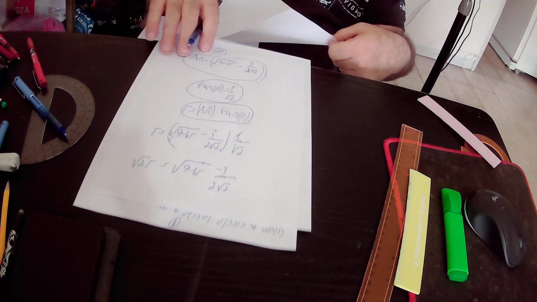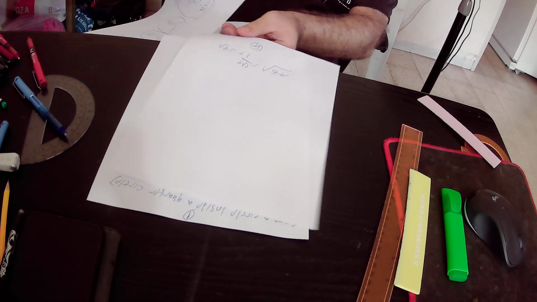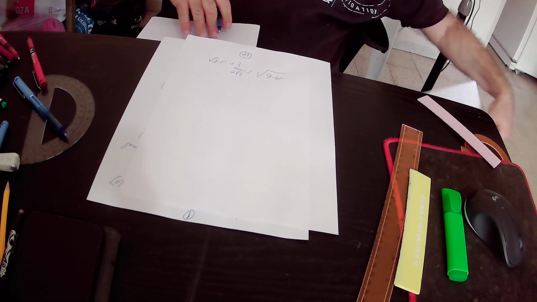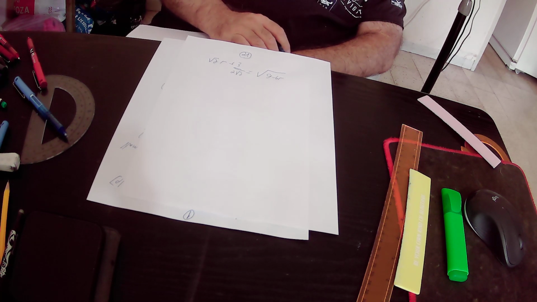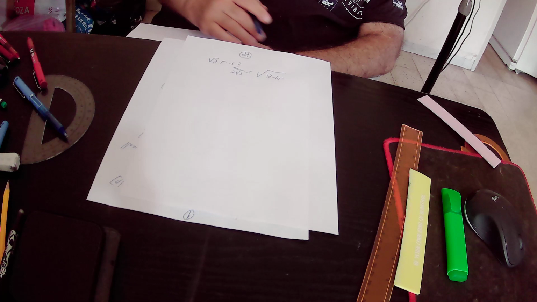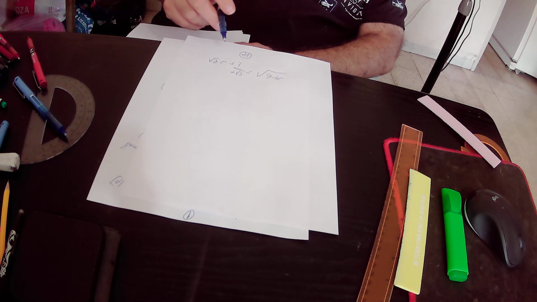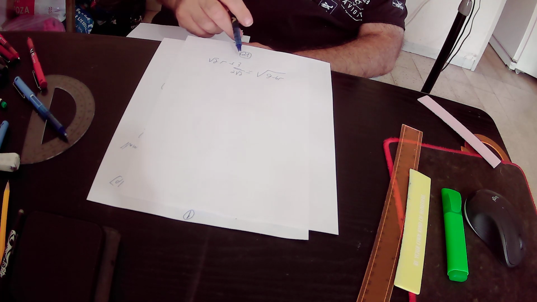Okay, so we got that equality, and here we will multiply root 2 by 2 times root 2, and then we will divide it by 2 times root 2 in order to have a common factor with this expression.